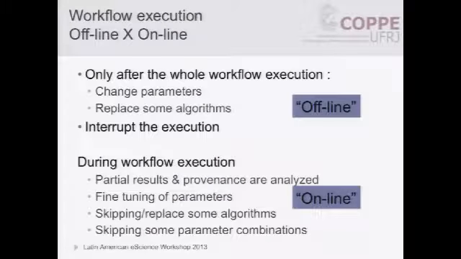So basically we can divide the workflow systems into offline and online. The offline is the batch mode where you run and wait for the result, and the best you can do is, if you see something is going wrong, you open your files and do an interference, then you can interrupt and start all over again.